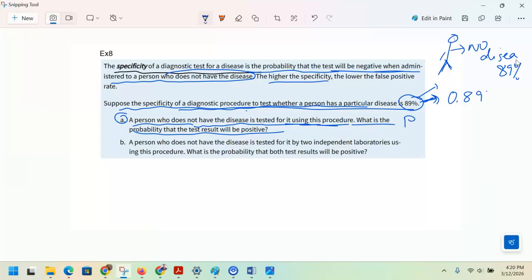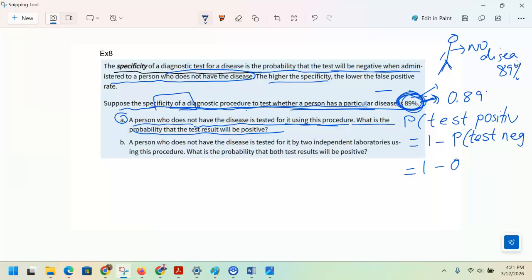Since specificity means a negative test, this is the opposite: 1 minus the probability that the test is negative. So we write 1 minus 0.89. If you do a little math, I get 0.11 and you're done.